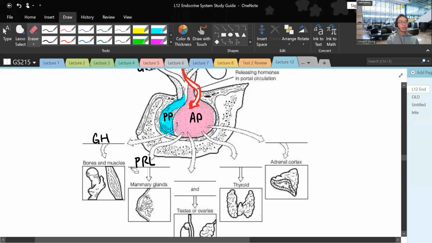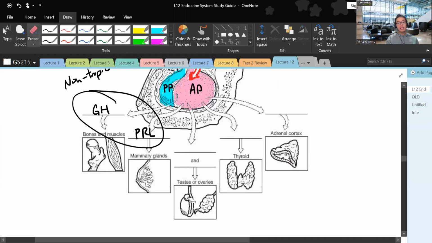Okay, so these ones are the non-tropic ones. The tropic ones, okay? For the testis and the ovaries, we should know by now it is the FSH and the LH.